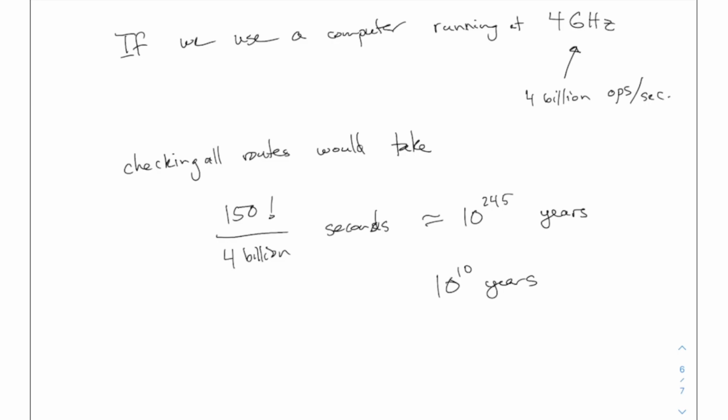So this number is far, far greater than the amount of time that Amazon actually has to do the computation. 10 to the 245 years is an absurd duration of time.